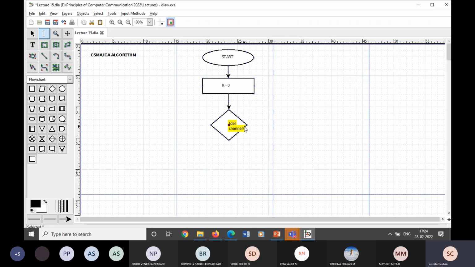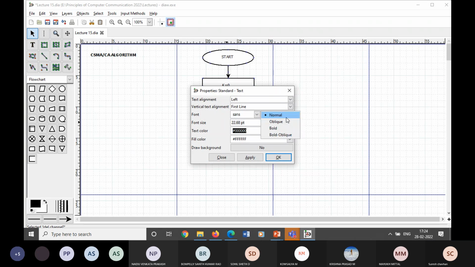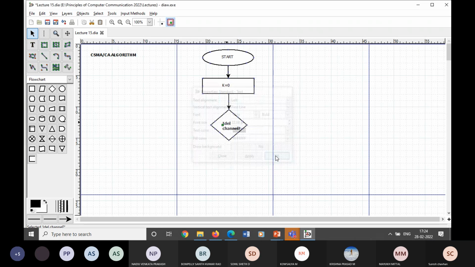This is the condition, and we have two different answers: one is no, and the other is yes.